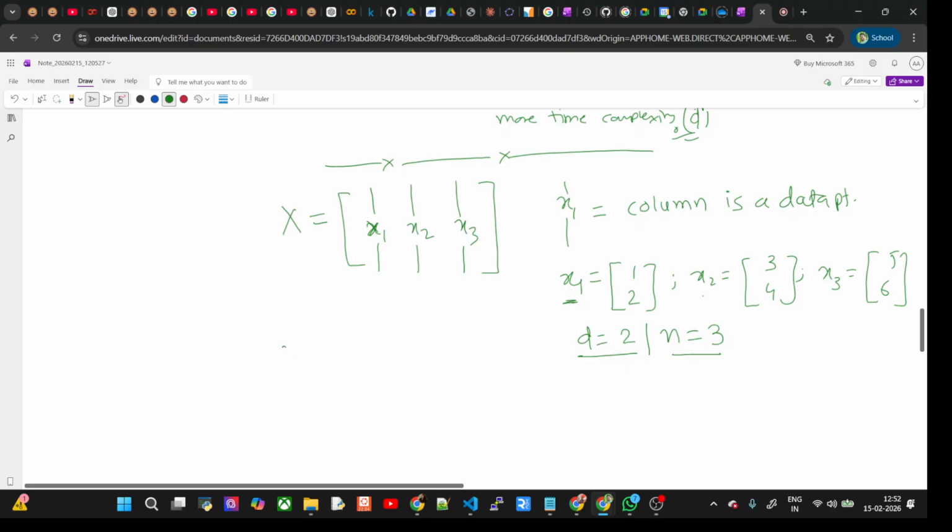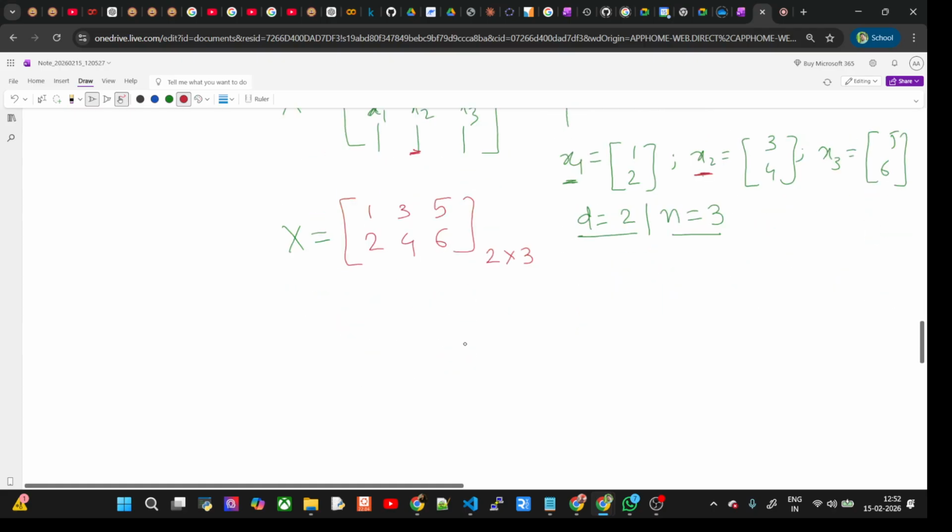So how does this matrix look? x1 is 1 2, x2 is 3 4, and x3 is 5 6. It is a 2 rows and 3 column matrix. Someone asks you, in PCA generally we did X transpose X. If I calculate X transpose X, it will be X transpose, 1 3 5 and 2 4 6, times 1 3 5 2 4 6.